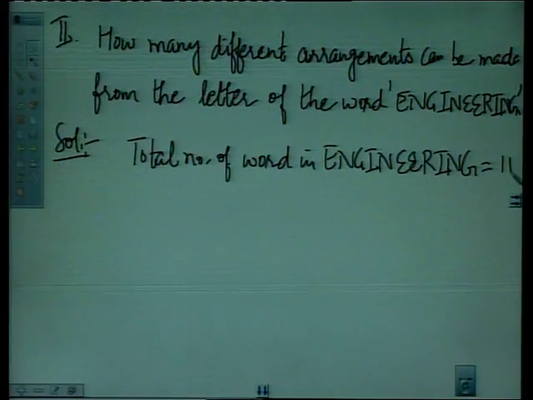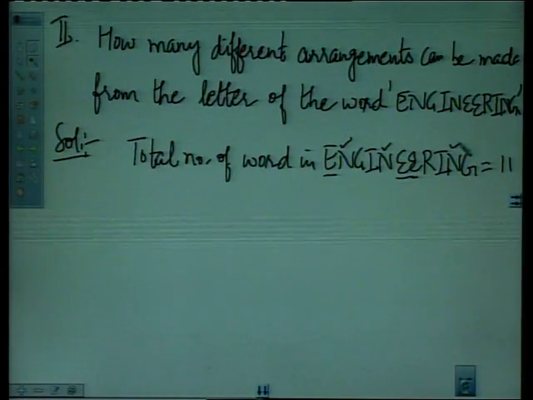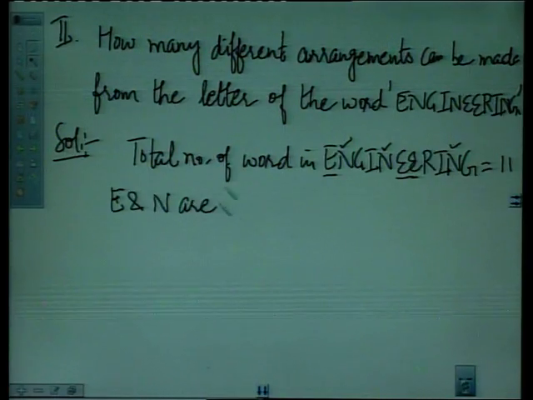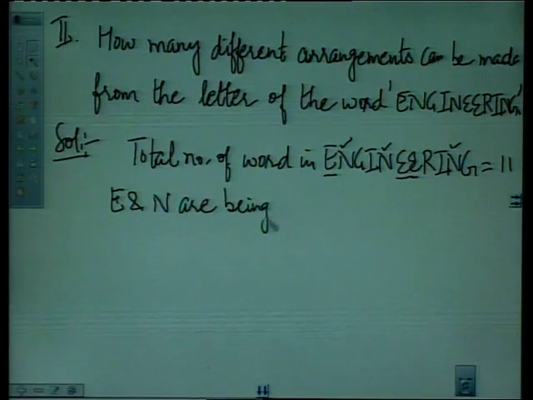Now, in this engineering word, look at E, how many times is it repeated? 1, 2, 3. E is repeated 3 times. Then N is also repeated 3 times. We write E and N are repeated thrice.